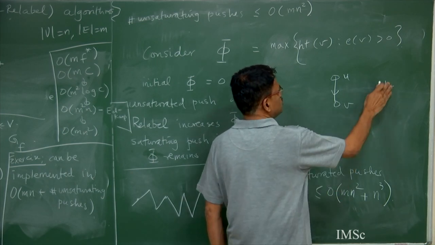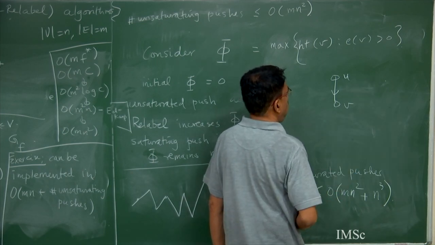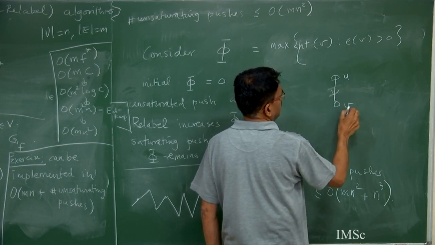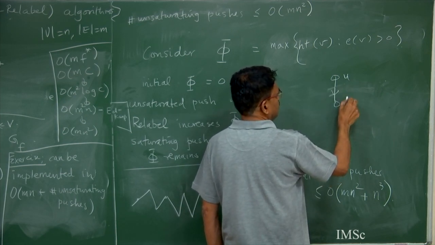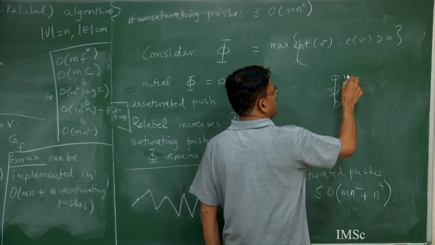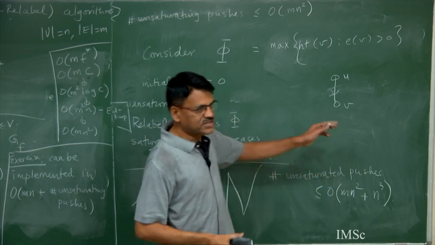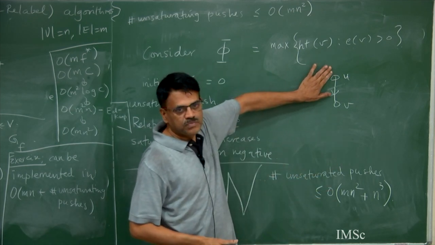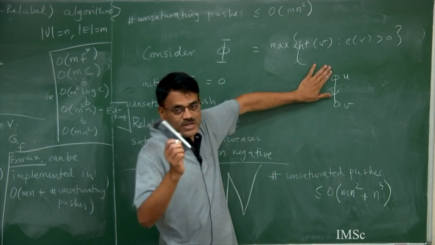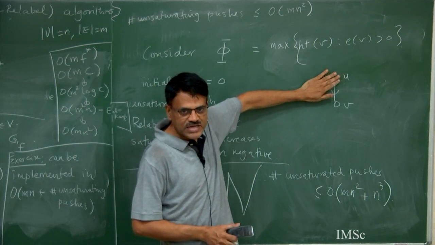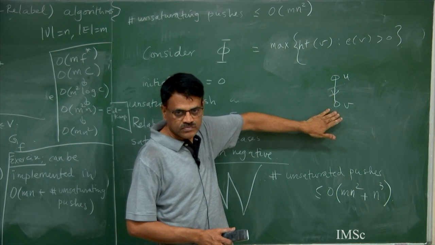If you look at a push operation, if it is a saturating push, then this edge is out of the residual network. This may become excess, but the max height will remain as this, because its excess remains positive, or maybe it has become 0, maybe both are equal. Either way, the max height will remain the same or become one less, right?